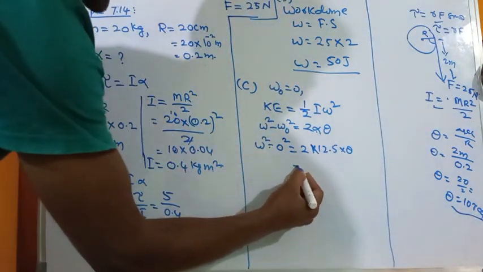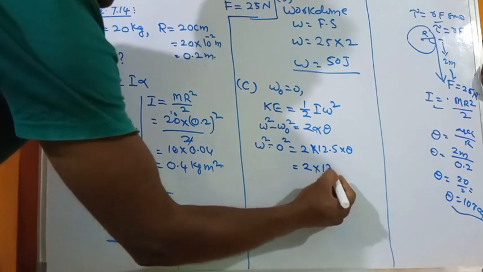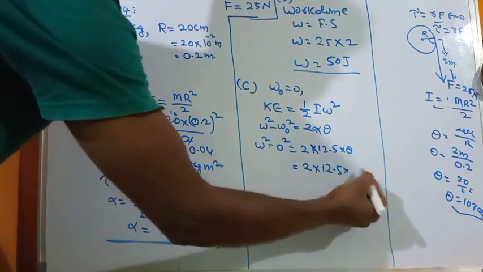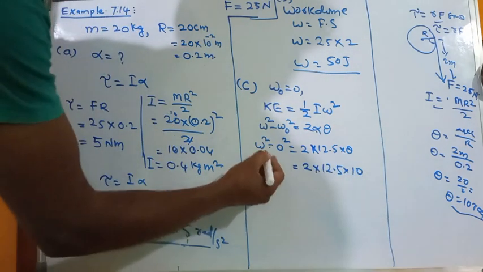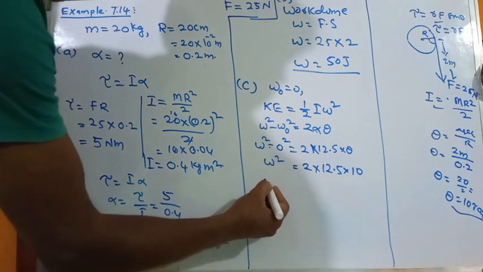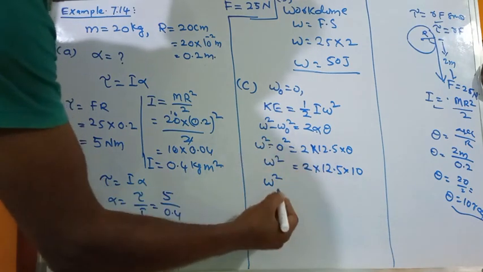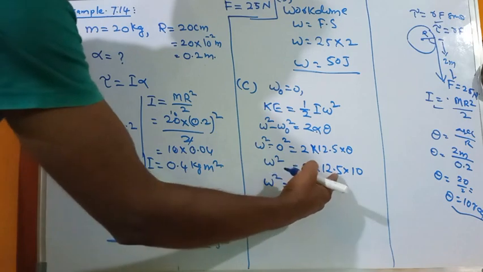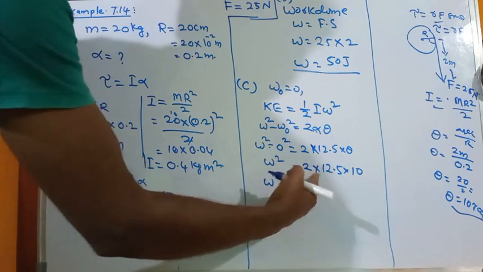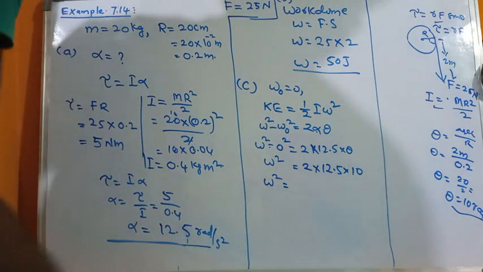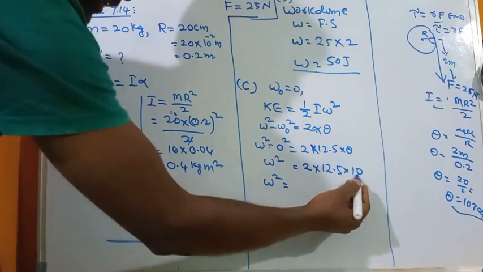Then write down: omega square equals 2 into 12.5 into theta, which is 10. Omega initial is totally 0, so omega square is equal to 12.5 into 2, that is 25, into 10.